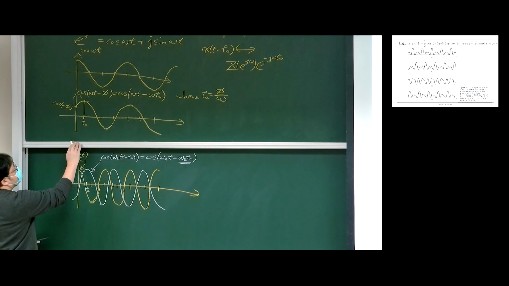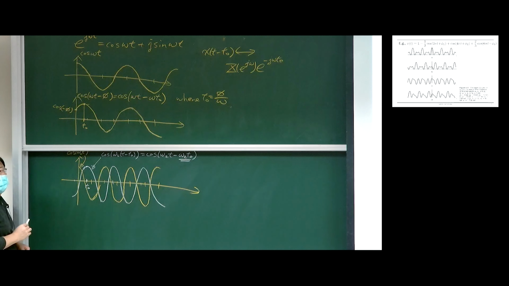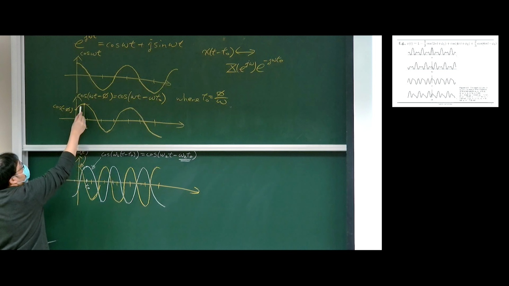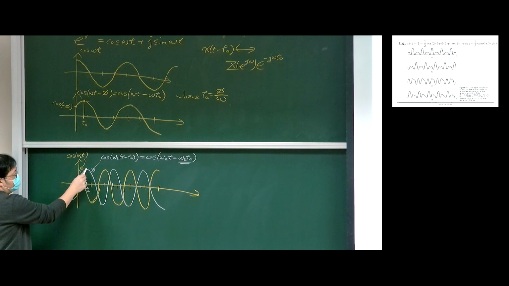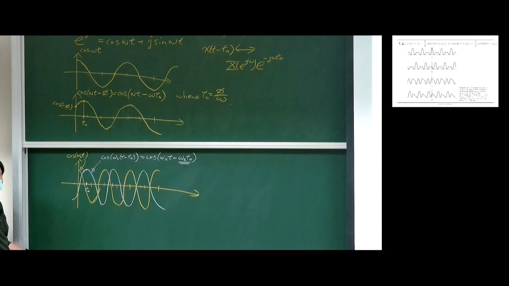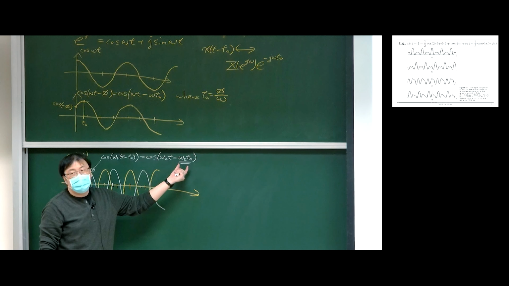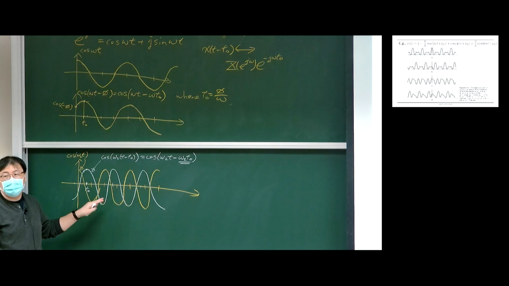Even though I have the same delay of t naught, because this signal varies at a lower frequency, the phase shift that I see from here to here, this phi value, is much smaller compared to this signal, which varies from here to here. So you have a larger phase shift due to the same delay if you're looking at a higher frequency component.